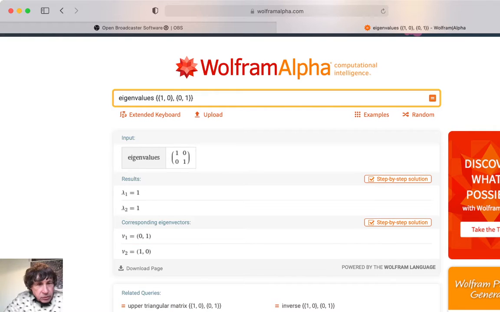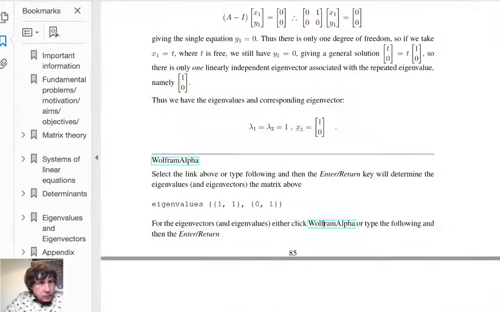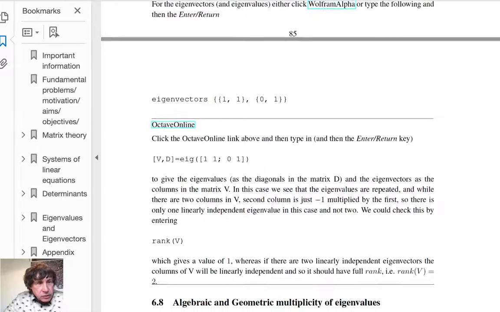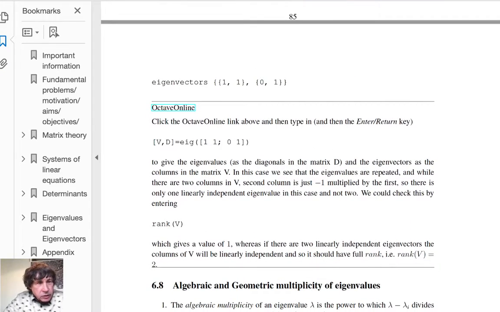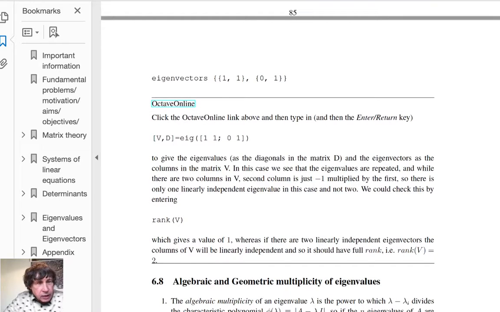Let us again return to the notes and look at what Octave gives us. This is the Octave Online command, again to work out the eigenvalues and eigenvectors for that same matrix. I'll copy that, and this is the link to Octave Online.